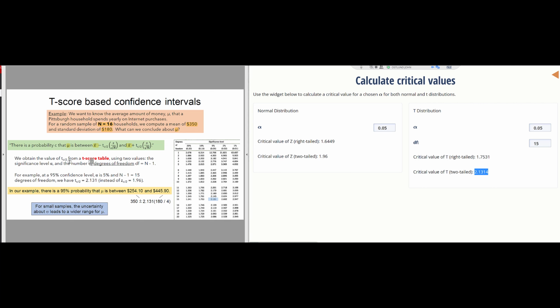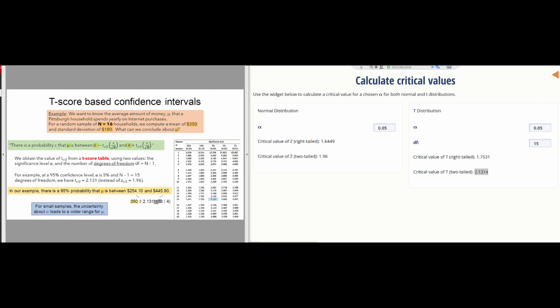So we're going to say that we are 95% confident, which is to say we have an alpha of 5%, 1 minus 95%, that the true mean for internet expenditures per household is the sample mean plus or minus the t-score times 180 divided by the square root of the sample size.